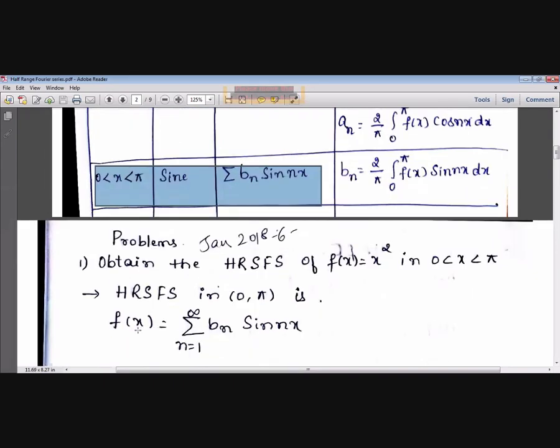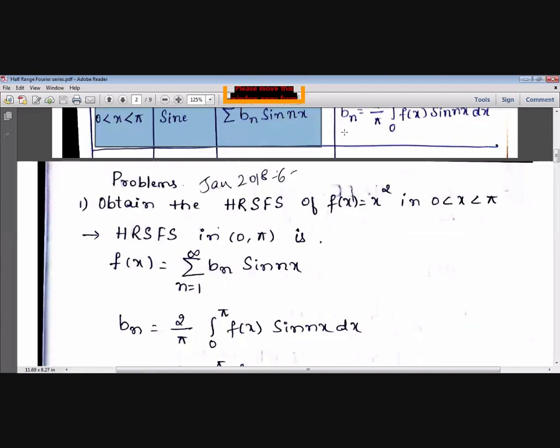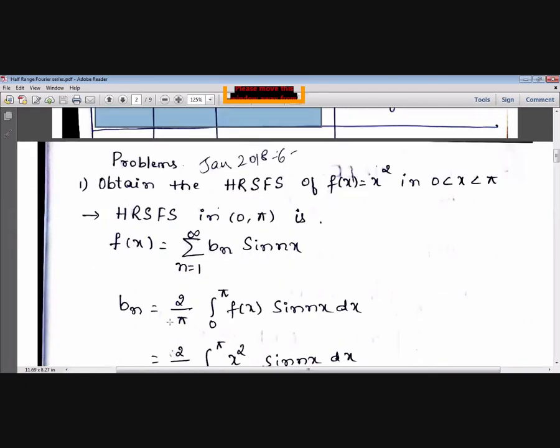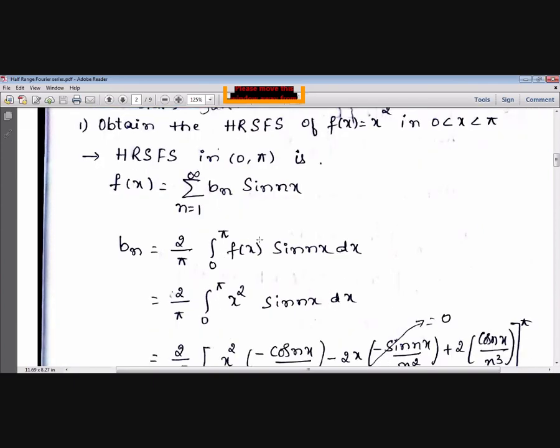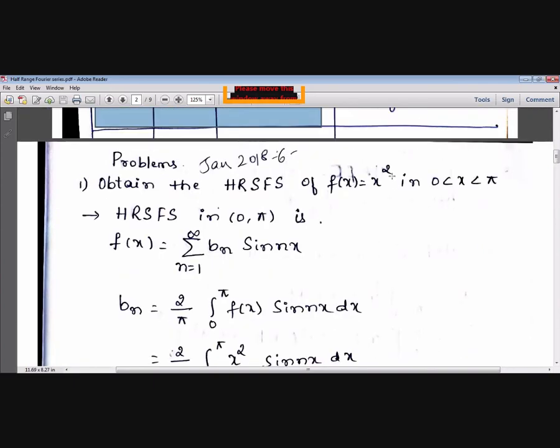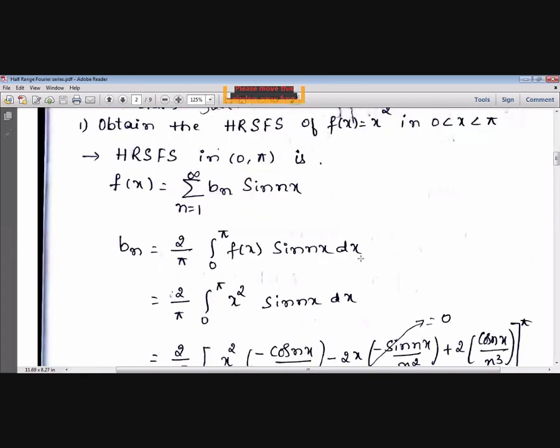So we write f of x equal to summation n equal to 1 to infinity bn sin nx. Next, what is bn? bn equal to 2 by pi integral 0 to pi f of x sin nx dx. In place of f of x we have x square, so x square sin nx dx.